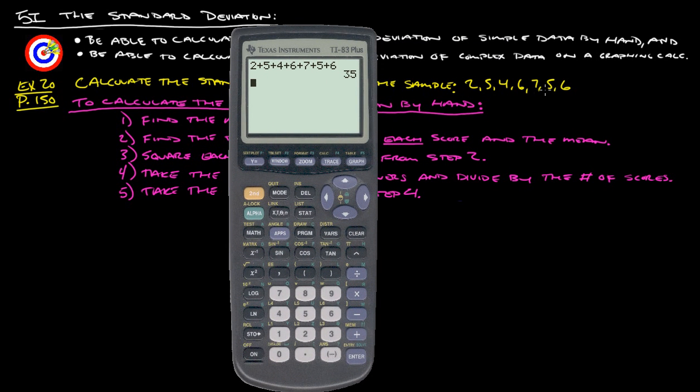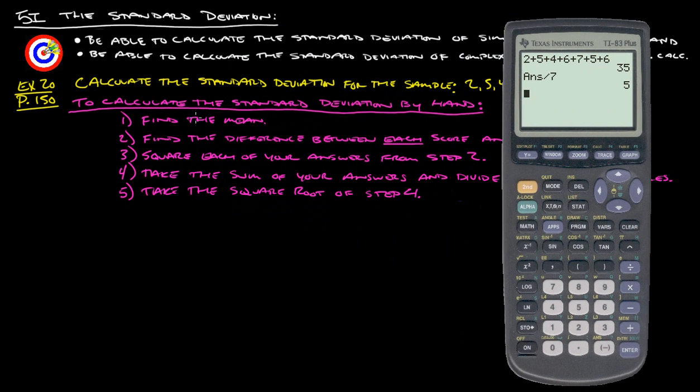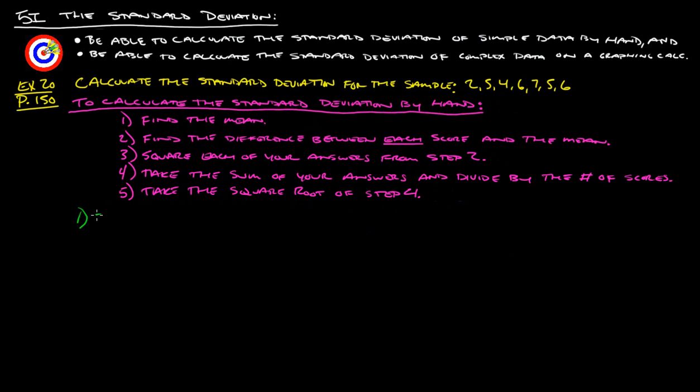And then there are 1, 2, 3, 4, 5, 6, 7 scores. So we divide that by 7, and we get 5. So first thing we did was find the mean. Step 1, we got the mean equals 5.